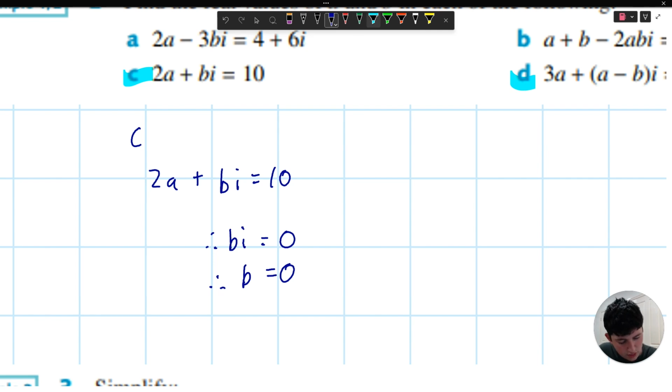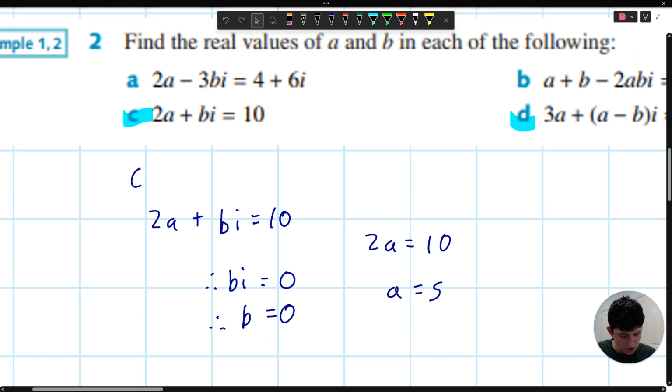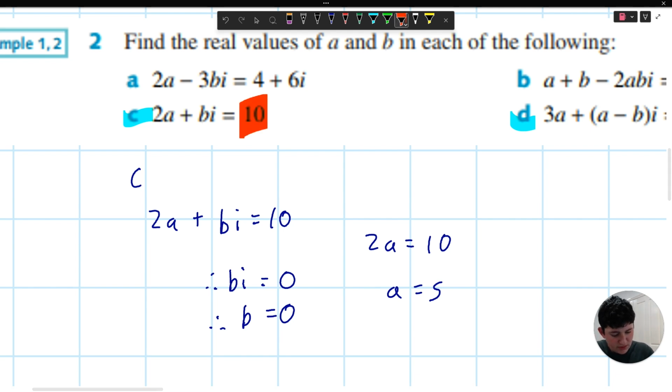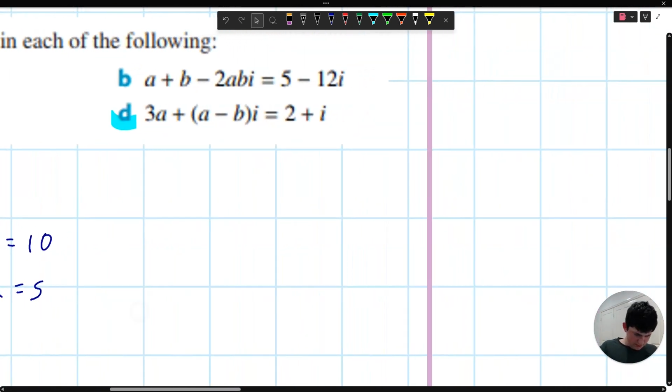And now if we do the real component, 2a is equal to 10, a is equal to 5. Because we matched up the real component with the real component, and the imaginary component with the imaginary component. In this case, the imaginary component is 0, because there is none. But it's pretty simple. Moving on.